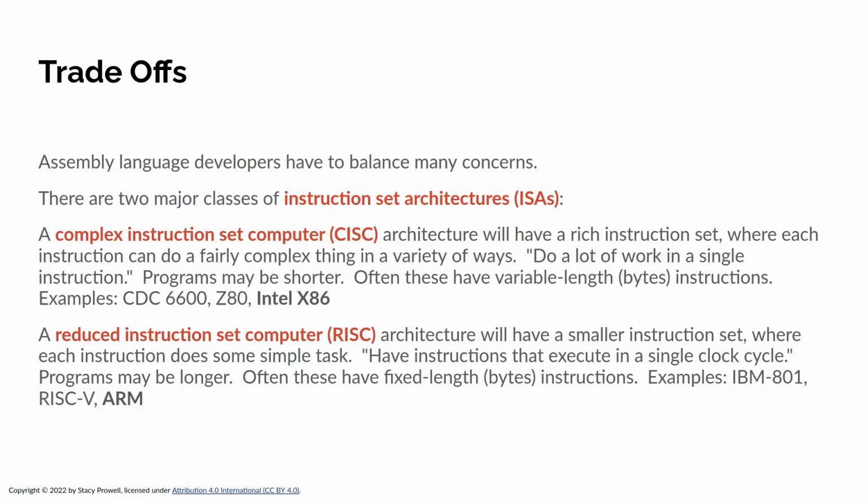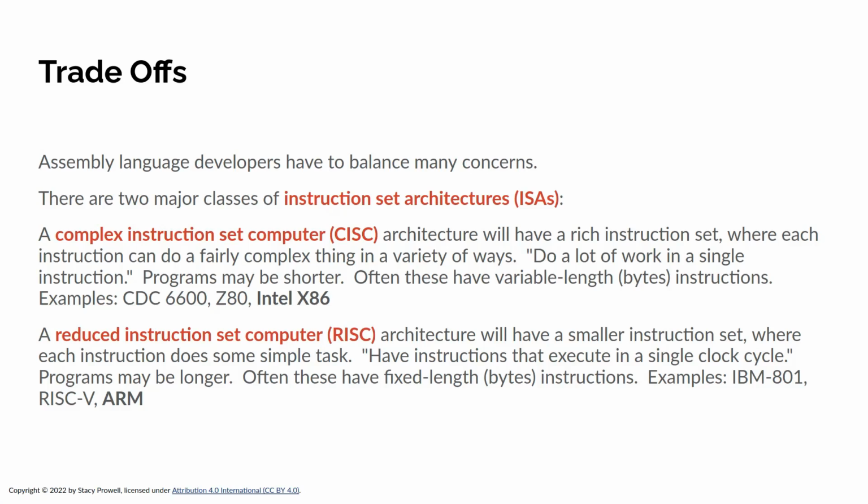There are two dominant instruction set architectures at a high level. One is the CISC, or Complex Instruction Set Computer Architecture. The idea here is I want to have a very rich set of instructions. They may do very complex things. Some of them may take a long time to execute, but that's okay.